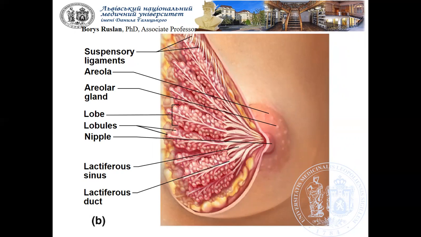How long can spermatozoa live inside the female reproductive system, inside the female internal genital organs? Near 2 days, spermatozoa can live inside.